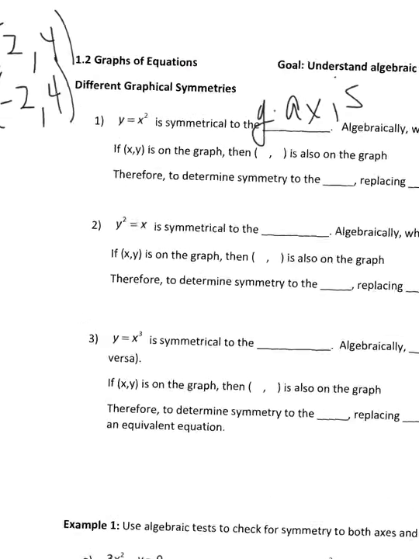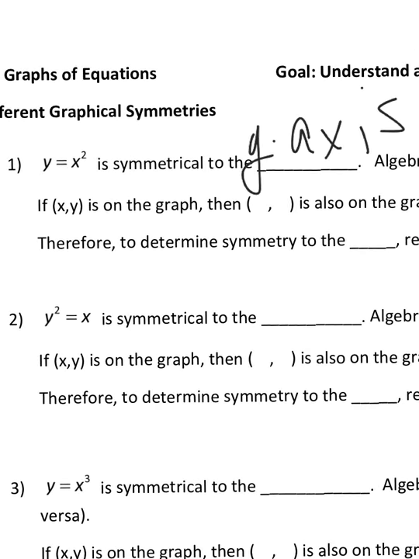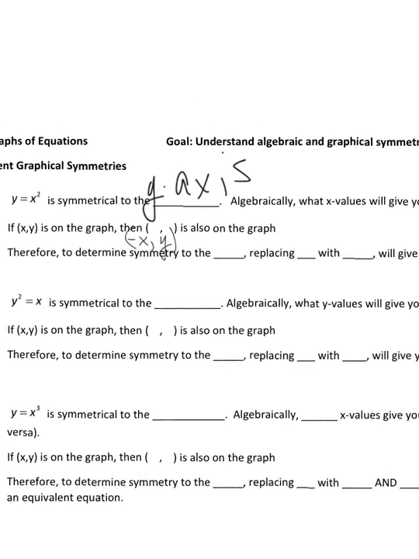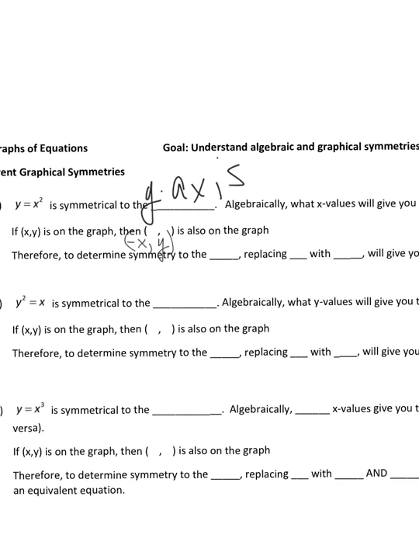So that being said, if we have a general point (x, y) in the graph, I'm just going to write below, that means the opposite of x will produce the same y. So algebraically speaking, that's how we can easily test if an equation is symmetrical to the y-axis rather than having to graph it.